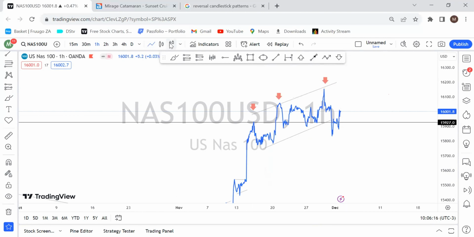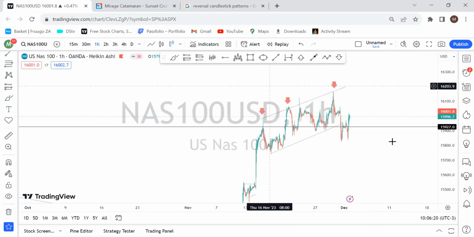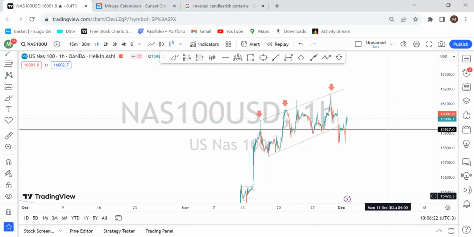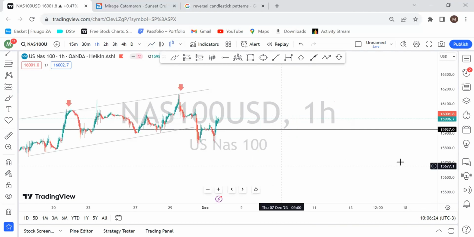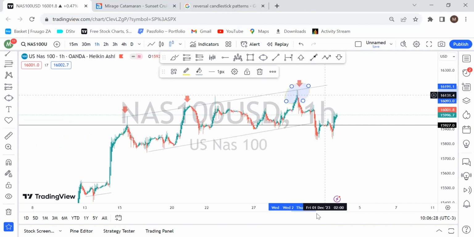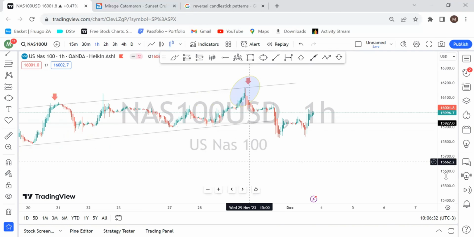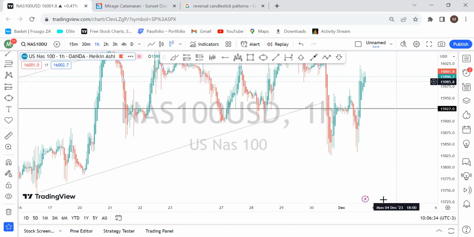So let's switch back, and yeah, same thing applies. Focus on the third touch being this point. So what happened at this point? So let's zoom in before we move from the 1 hour time frame.